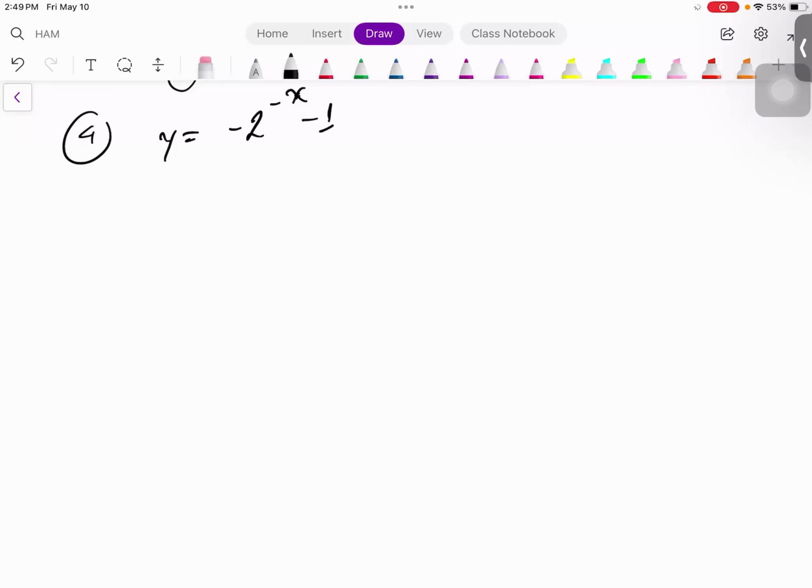Make sure you put it on the graph, okay? Oh, yeah. That's why I told you it's not there yet. Negative 1, you got it.